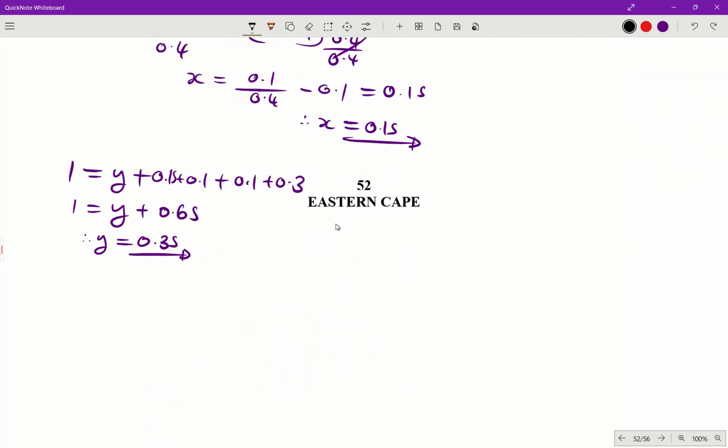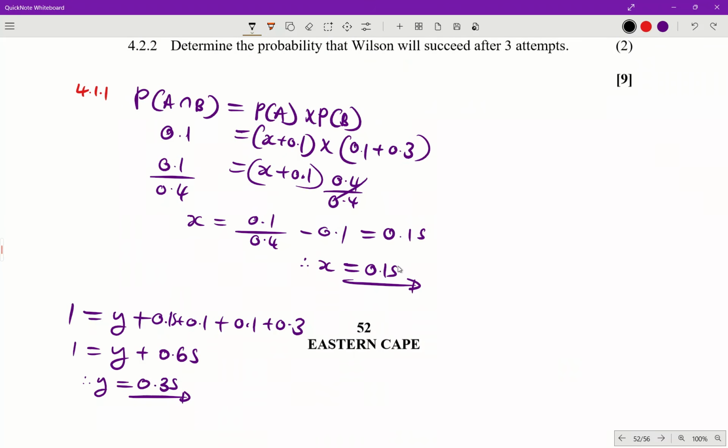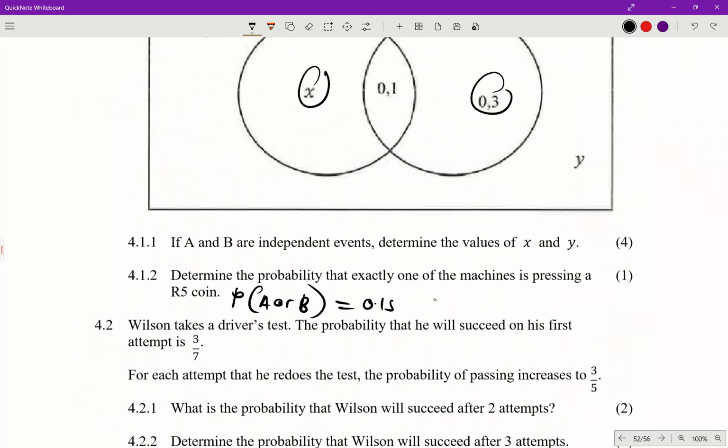We calculated this value there. Here's the value, and then plus the 0.3. Let me divide by 1 so that you know, guys, what you are doing. So this is 0.15 plus 0.3 divided by the total. So 0.15 plus 0.3, the answer is simply 0.45.